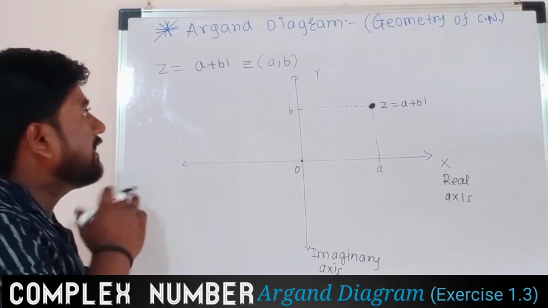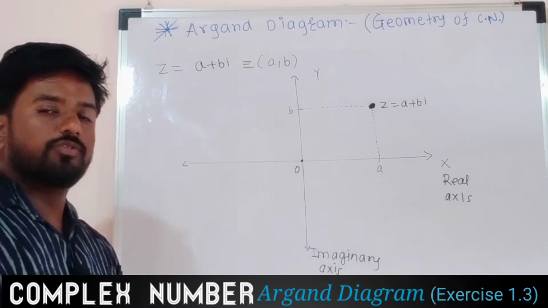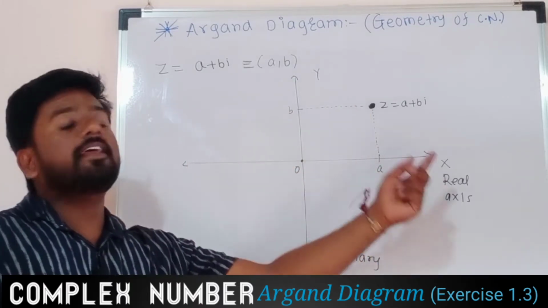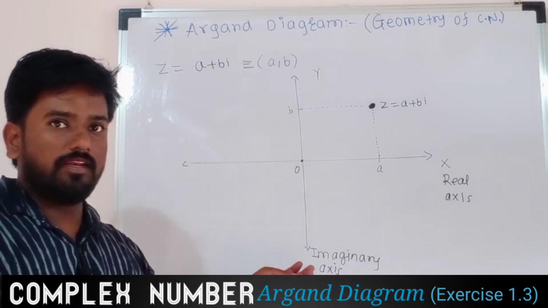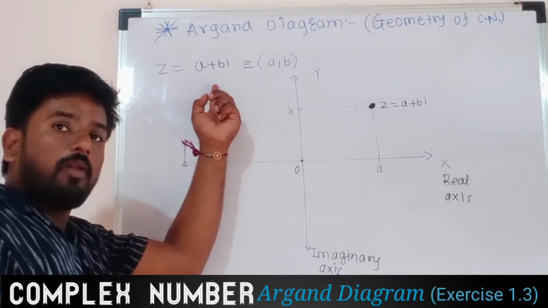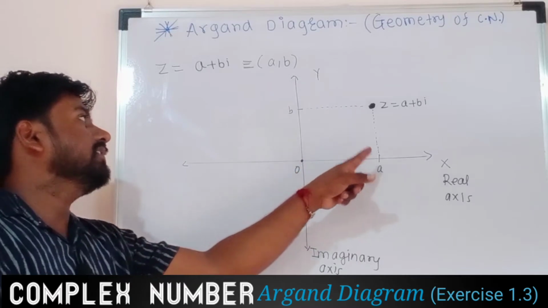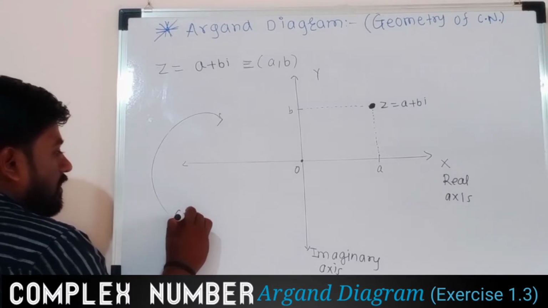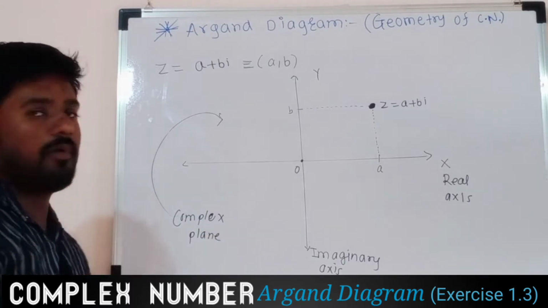Just look at this representation: what is the real axis, what is the imaginary axis? Also, as we plot any complex number on the xy axis, this xy axis is called the complex plane, because the xy axis is nothing but a plane.